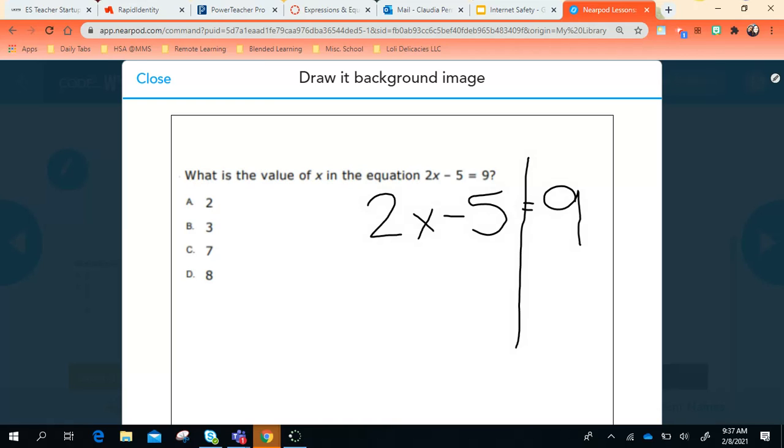Do we wanna work with the 2x, or do we wanna look at that -5? Minus 5. Exactly. So we wanna do the 2x second.